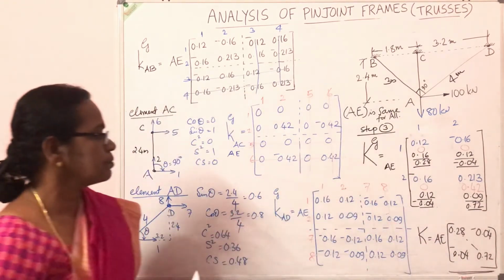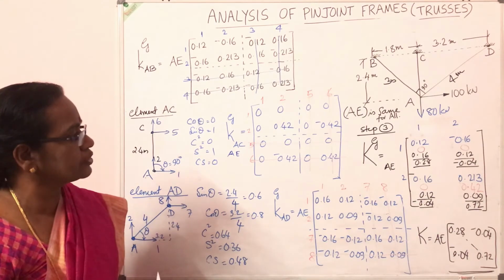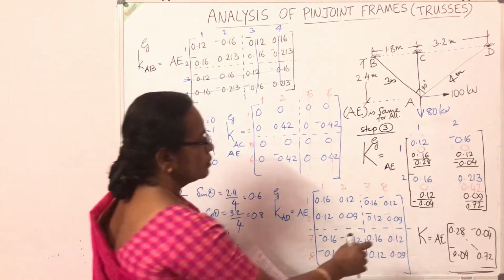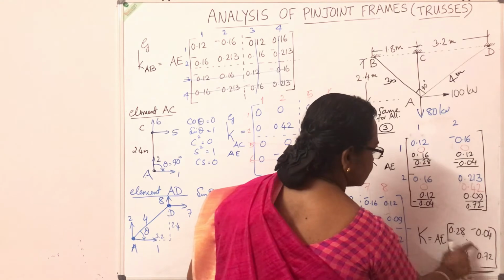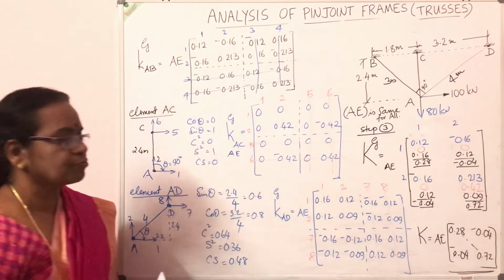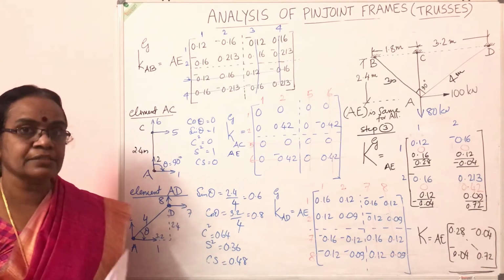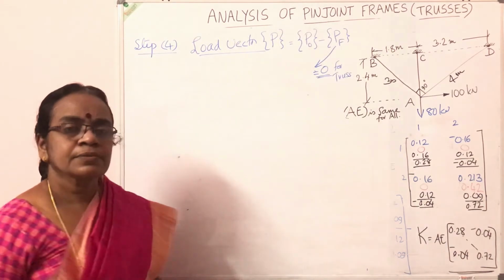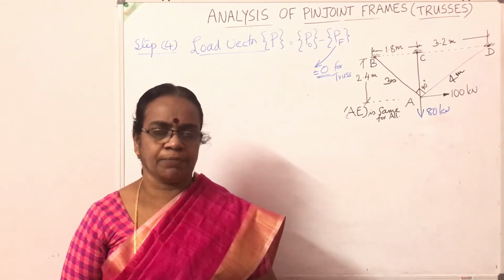See, the stiffness matrix for the structure, we post from all the elements in the corresponding locations and sum them together, and we get 0.28, minus 0.04, minus 0.04, 0.72. It is a symmetric matrix of 2 by 2 size and the diagonal elements are larger when compared to the off diagonal terms. So the next step is the equivalent joint load vector.